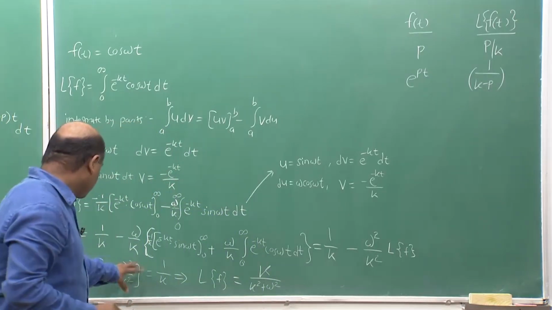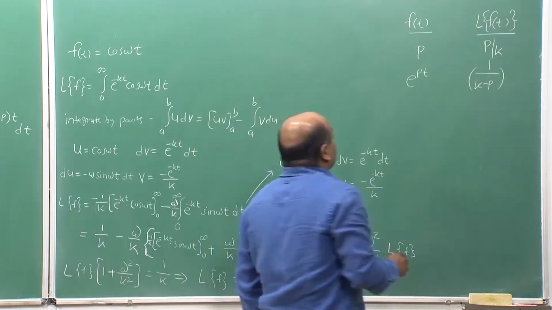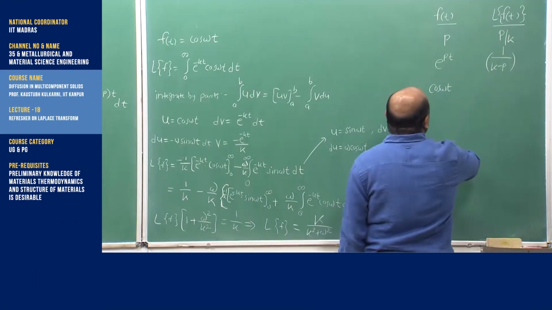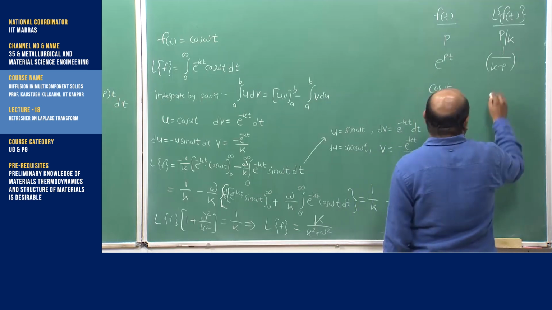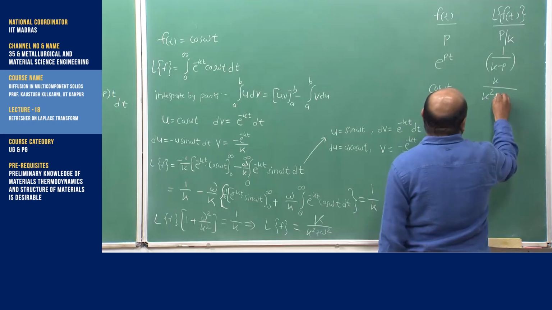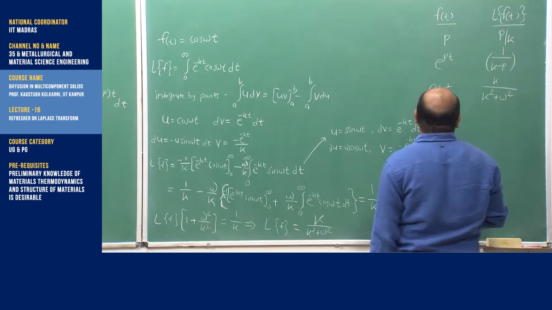K will cancel and this will come down. Okay. So, the Laplace transform of cos omega t we obtain as k over k square plus omega square.